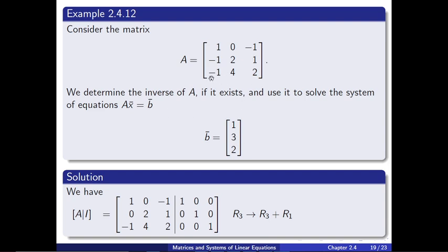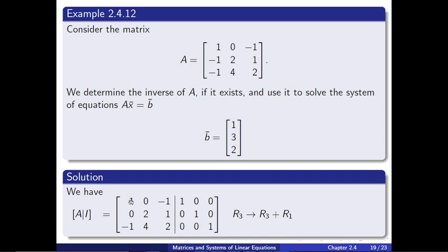One is determine if this is invertible and find its inverse, and also if it's invertible, use that inverse of A to find what would be the solution of AX is equal to B. So we start off with our A I, and we put our A and then the identity matrix on that side.